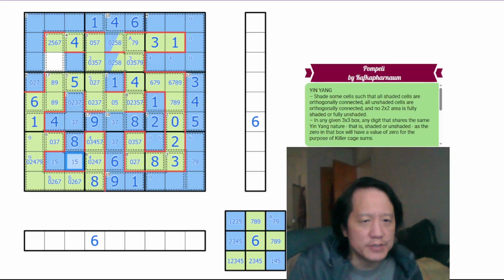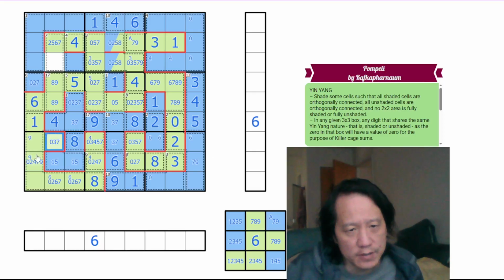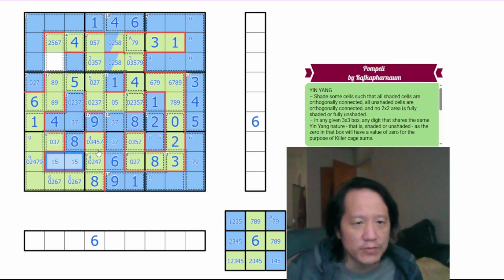We are missing a 2 in this cell here. And this 1 5, we have a problem with 1 5 trying to match here.